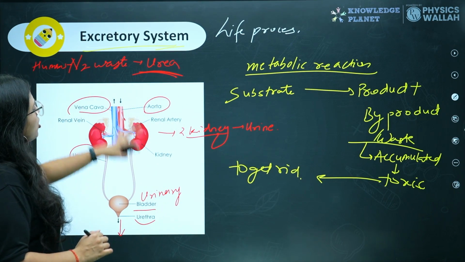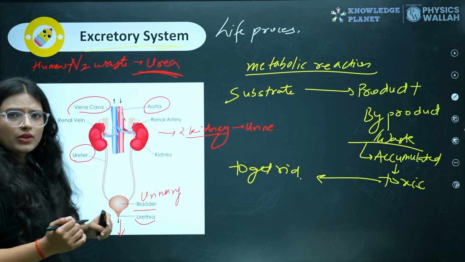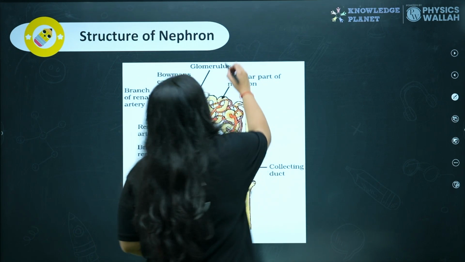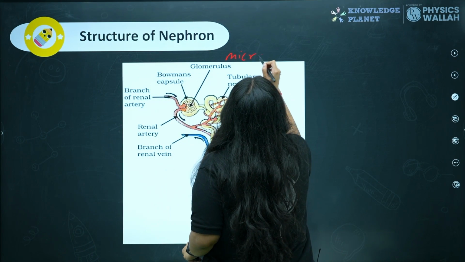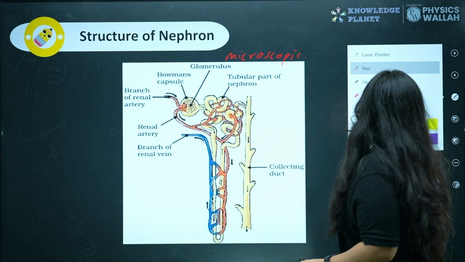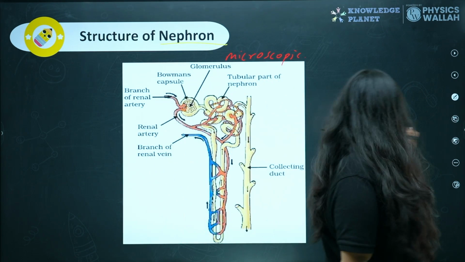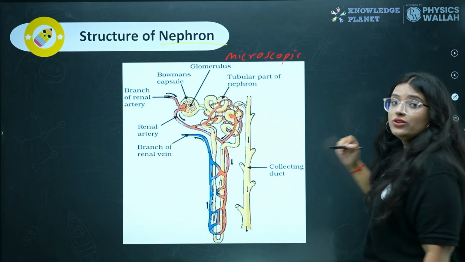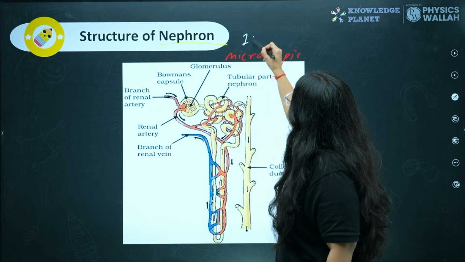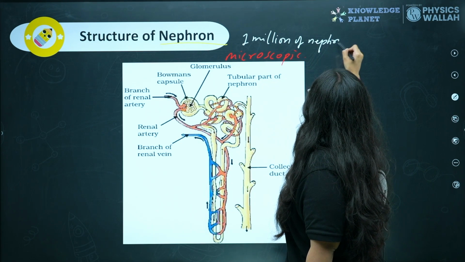Now let's talk about urine. How is this urine formed in the kidney, right? So these kidneys have microscopic fundamental cells, which are known as nephrons. The fundamental unit which will help in the making of the urine, and each kidney has approximately 1 million nephrons.